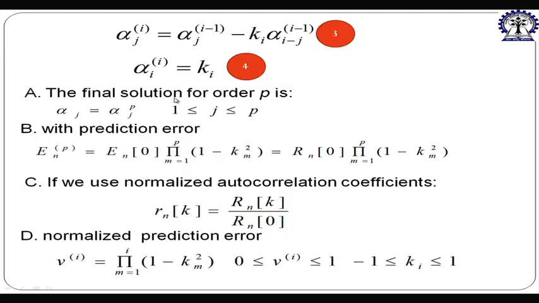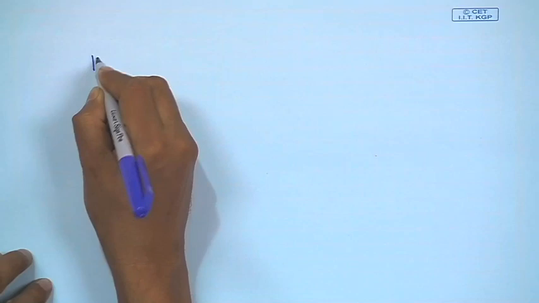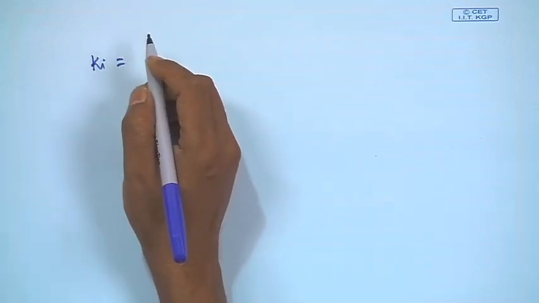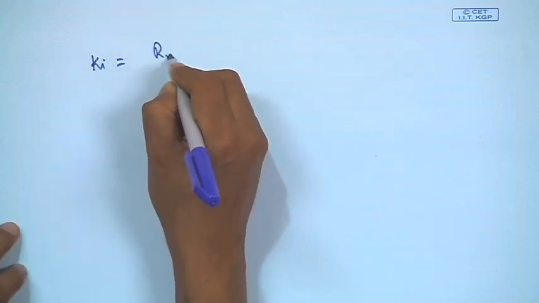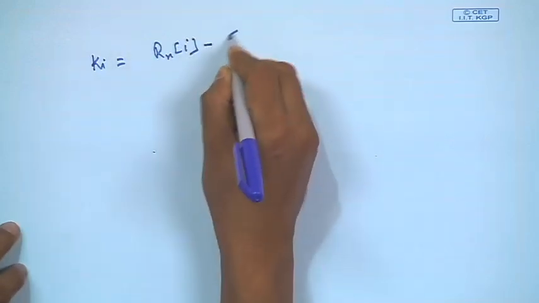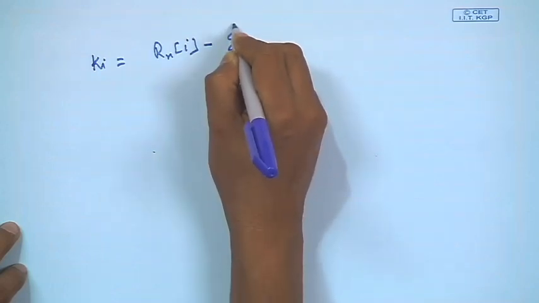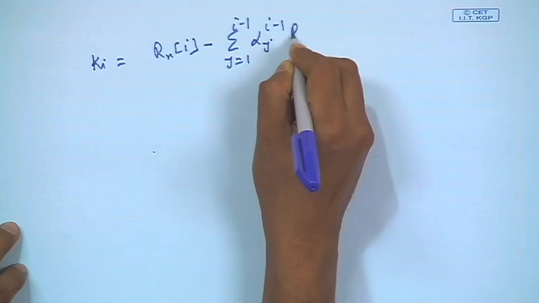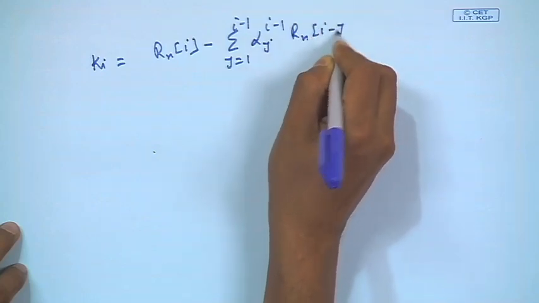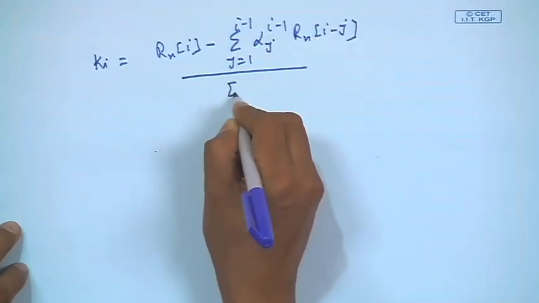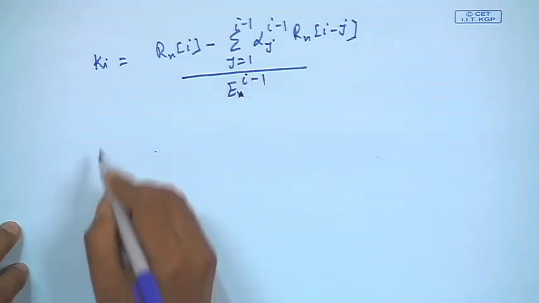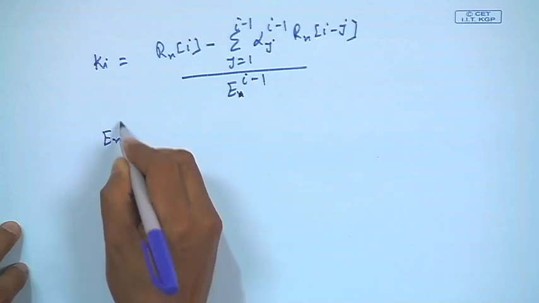If I write down the 4 equations, one is k I equal to R n I minus the sum for j equal to 1 to I minus 1 of alpha j I minus 1 R n I minus j, divided by E n I minus 1. What is E n I?